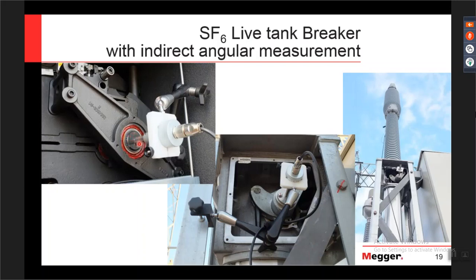This part makes one turn, 360 degrees, for each close operation. So there is a special reference graph for that one also. In that case, it's not the measurement on the contact system, it's a measurement on the drive actually. But that's also important.